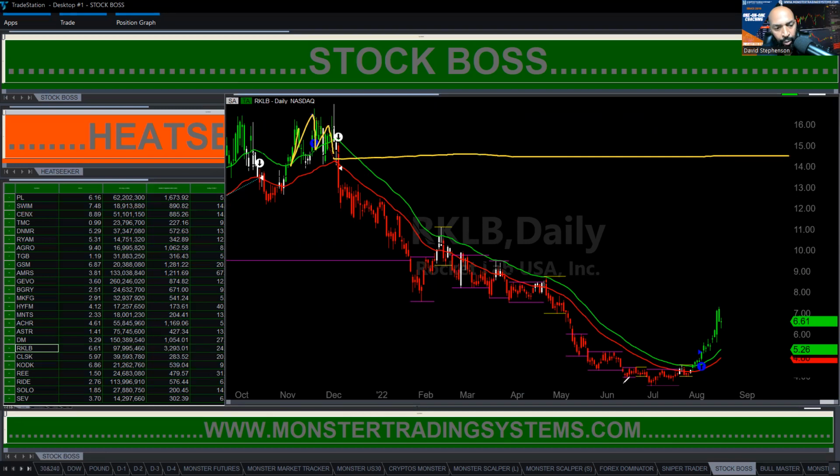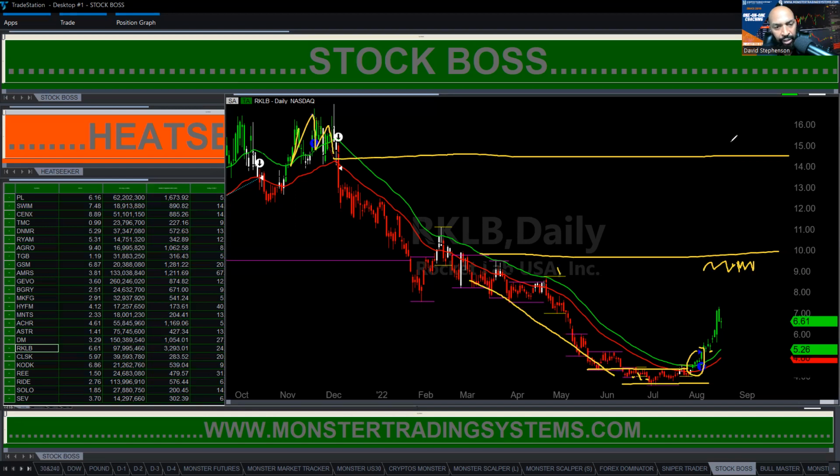Much better price action to get us up at least to around $15. So the buy signal was here, pretty good support. It exhausted all of the selling. Buyers came in, buy signal right here at 5.26, and now our price is at 6.61. Like I said, we might get a bit of consolidation in this area, but after that, we're pretty good.